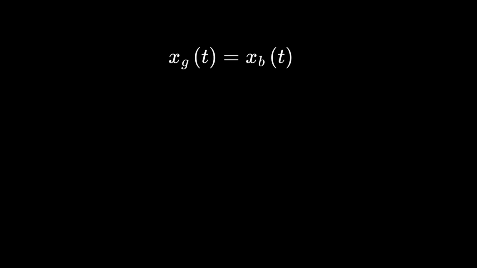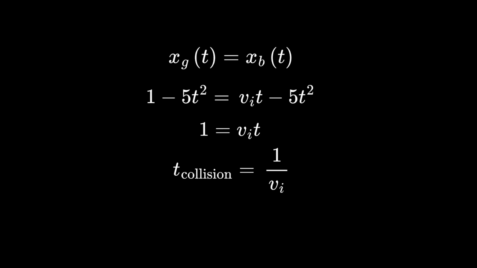They collide when their position functions are equal. So if we plug in the two algebraic expressions we found, we have 1 minus 5t squared is equal to v_i t minus 5t squared. And really conveniently, the 5t squared will cancel out, giving us 1 equals v_i t. And we can just divide by v_i to get the time of the collision is equal to 1 over the initial velocity of the blue block, which is what we're finding.